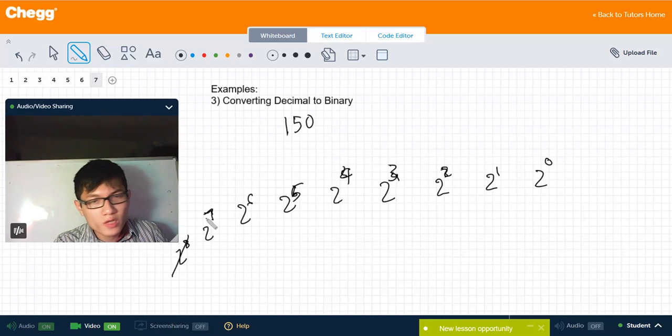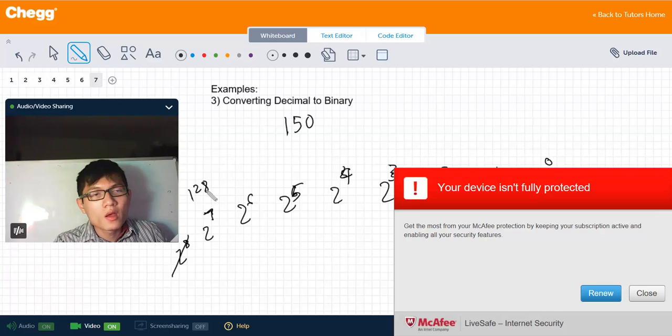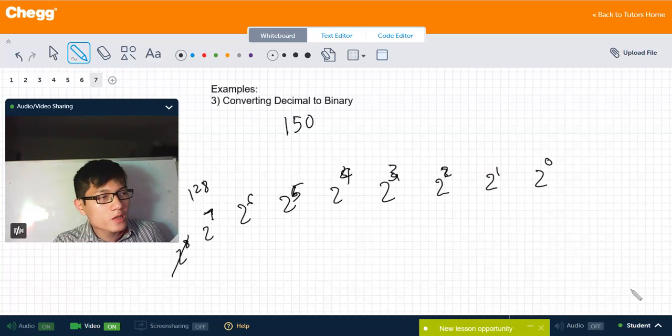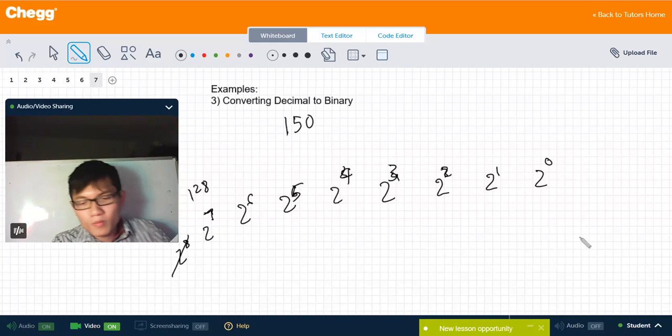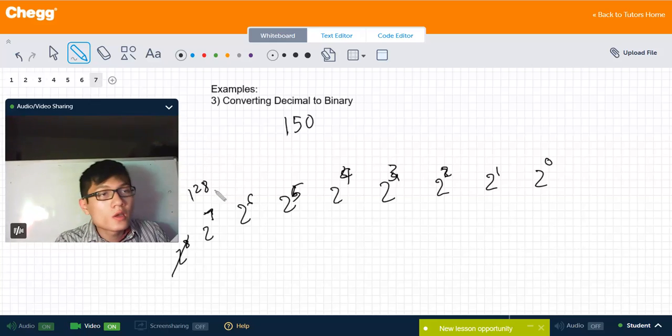But 2 to the 7 we take. It's 128. Okay, so after 128, how much do we need to add to get to 150? 22, right? So you need to add 22 more to get to 150.